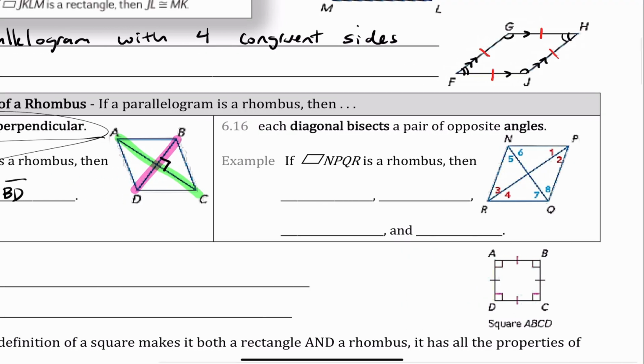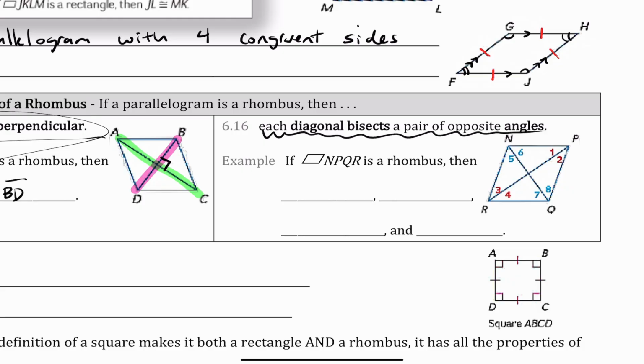The next thing that you need to know is if a parallelogram is a rhombus, then each diagonal bisects a pair of opposite angles. And this is just a long way of saying that the diagonals serve as angle bisectors.